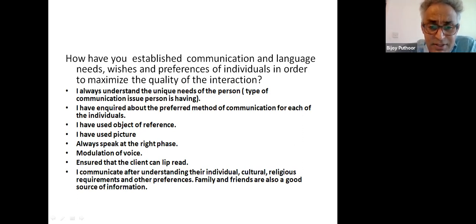So you have also understood that there may be cultural differences, there may be religious differences. In some religions, people may say that you cannot shake the hands of the opposite gender, and you cannot give personal care if the person belongs to the opposite gender. Some people, as a result of cultural or religious needs, may only want to eat vegetarian food.